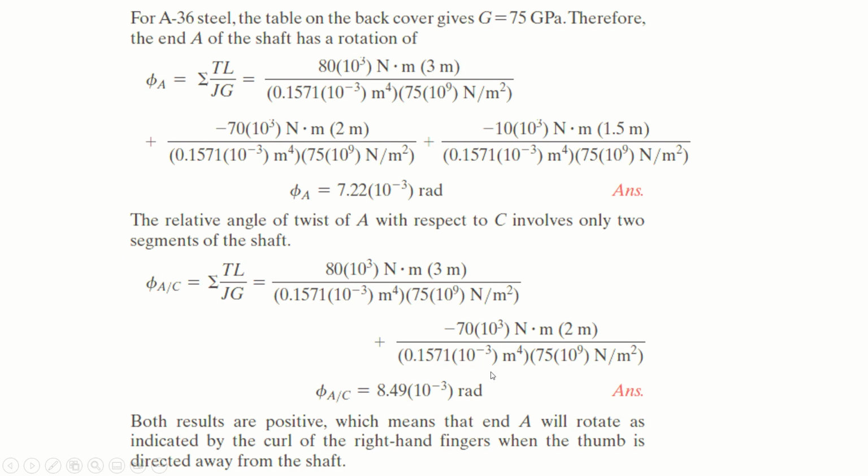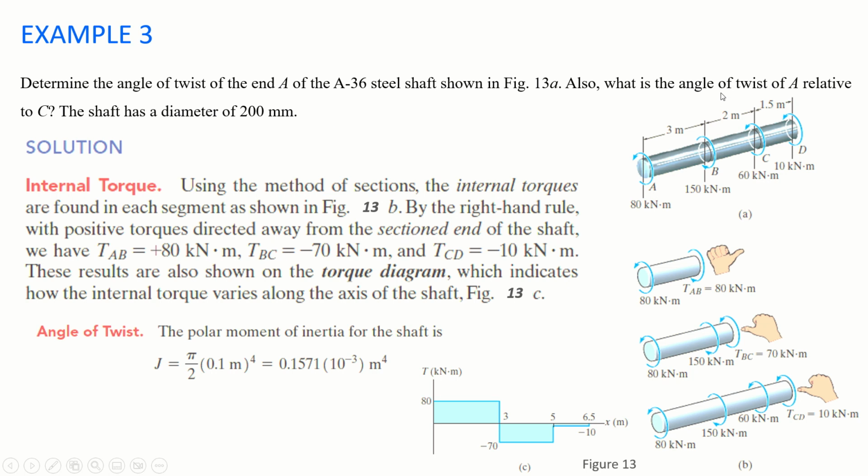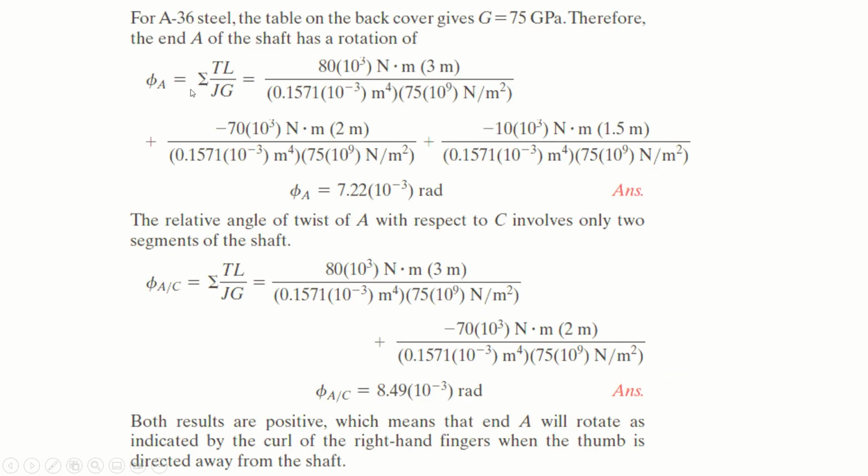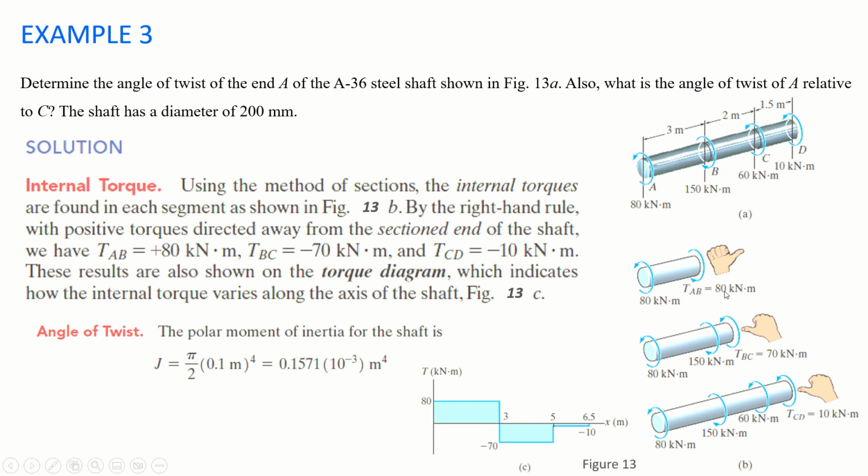So actually they are asking about this, but we are solving this as well for your information: if it says find the angle of twist at A, then how will you find it? You just have to sum up the value for all the three segments. This is segment AB, BC and CD. See, in AB 80 kilonewton positive, in BC 70 negative, and in CD 10 negative, and their lengths are also different.